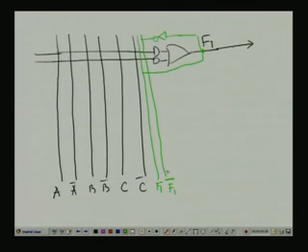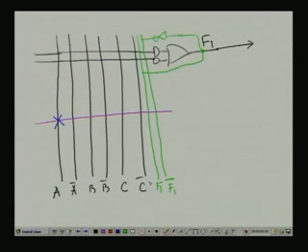So, now F2 was realized, F3 is AD plus BD. So, I can realize F3, which is AD plus BD.